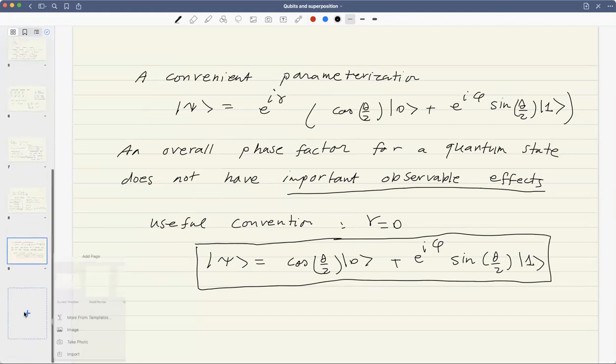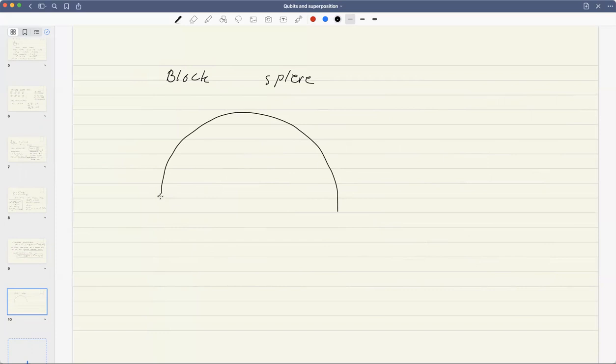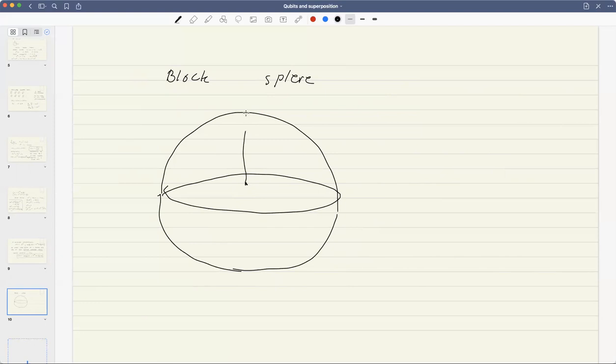So then it's going to be quite useful to geometrically represent that. A very useful geometric representation is something called the Bloch sphere. Essentially, these two angles can define a sphere. So let's say that's a sphere. Let's imagine a coordinate system. So let's say that's Z. This is X going this way.